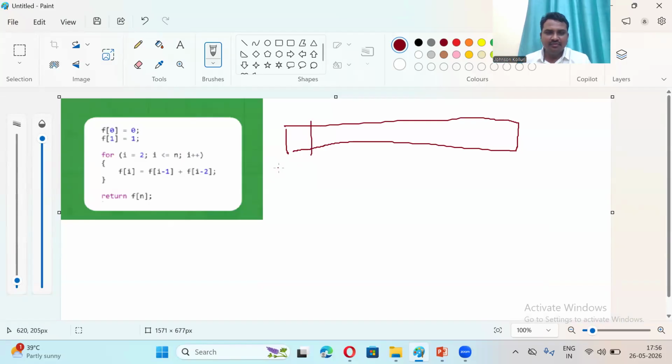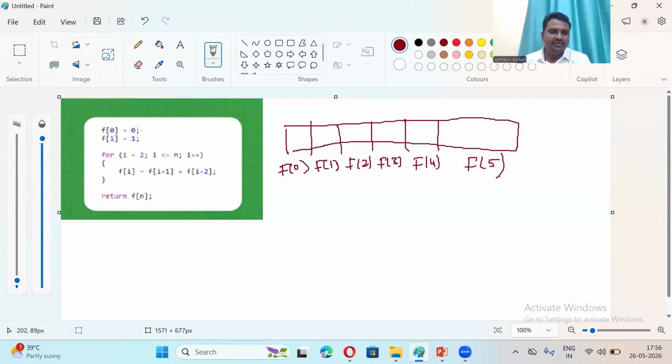Then we have f of 0, f of 1, f of 2, f of 3, f of 4, f of 5.